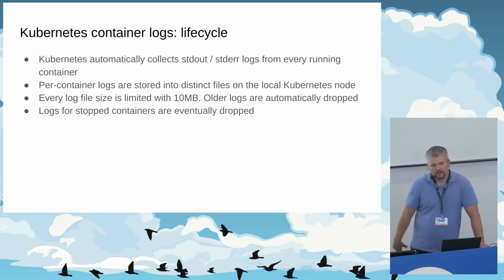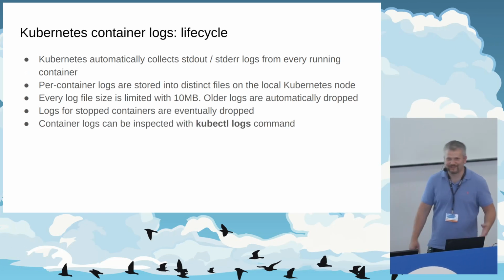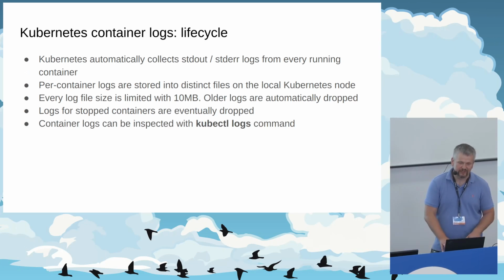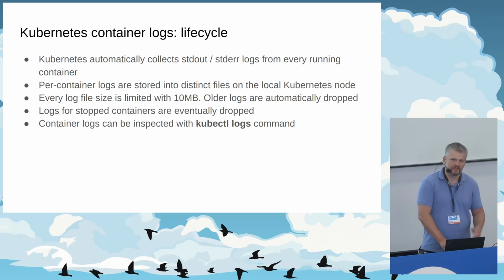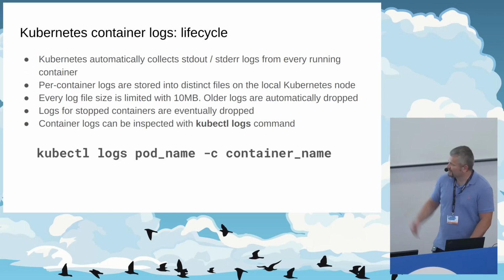And also logs for stopped containers are eventually dropped by Kubernetes. All these generated logs can be inspected and analyzed with the kubectl logs command. That's an example of how to investigate logs for some container which runs on some pod.